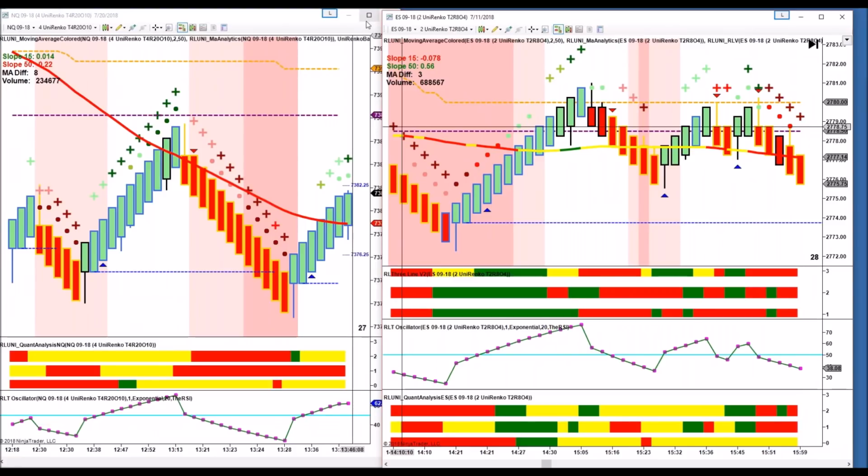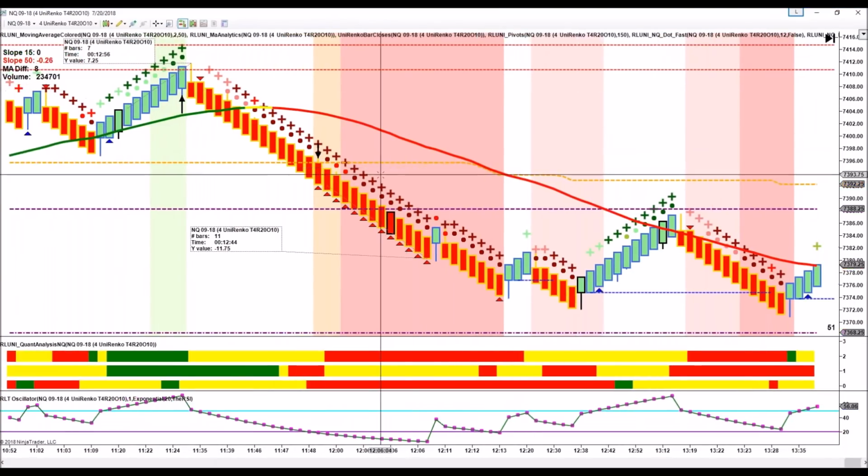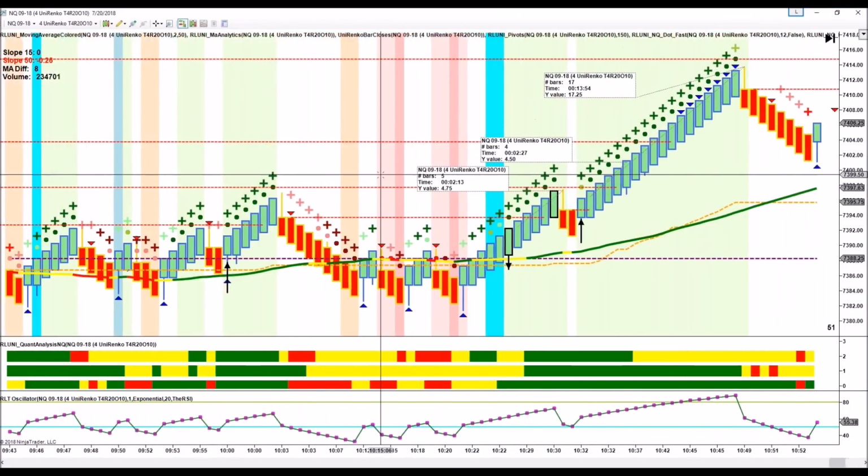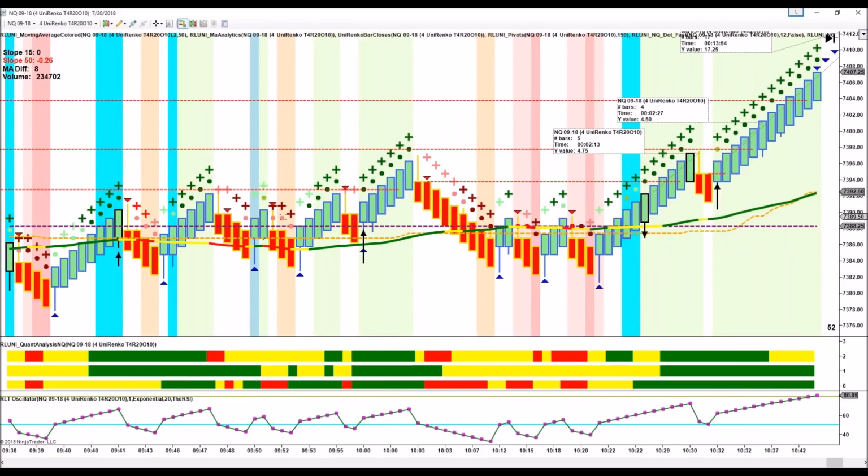I mean, there were a ton of trades that we could have potentially taken in here where we had some dot alignment, but we didn't get quant confirmation alignment. And you see this trade that I missed? It was the one trade where they both lined up right there.